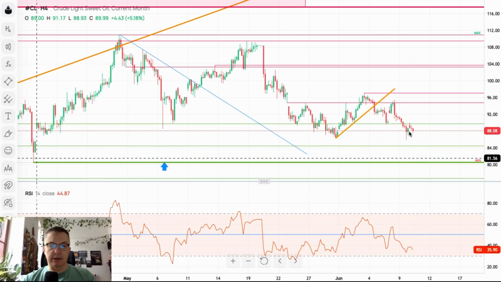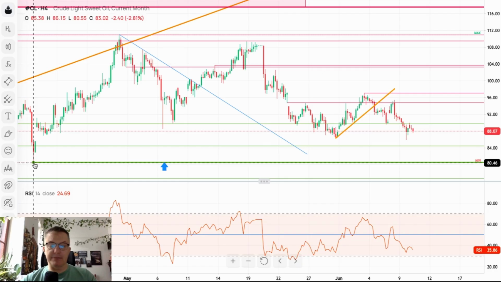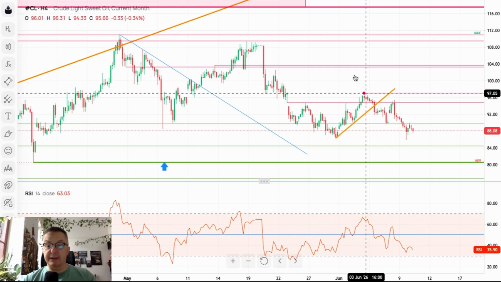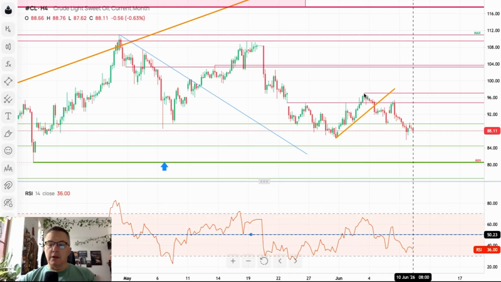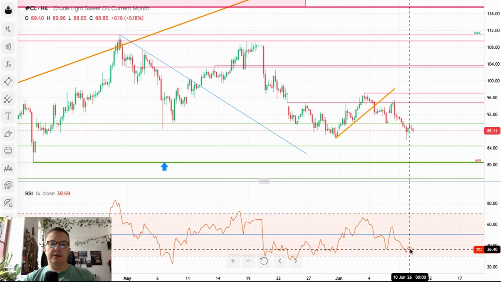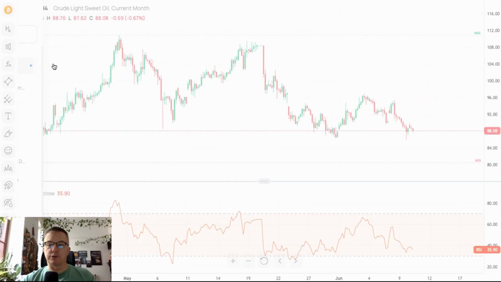We should see sooner or later the test of the lows from April 17, which is 80.46. Only a sustained breakout above this local high at 96.97 would invalidate this scenario. Negative RSI and negative momentum support the bearish outlook in the short term for crude oil.